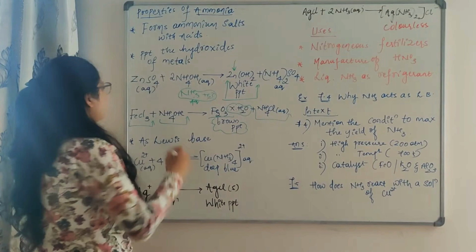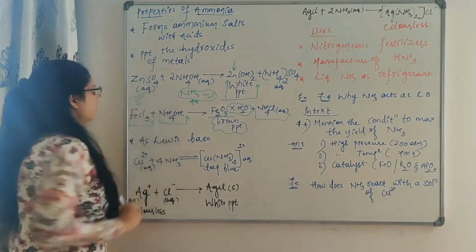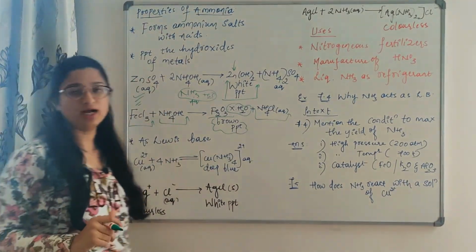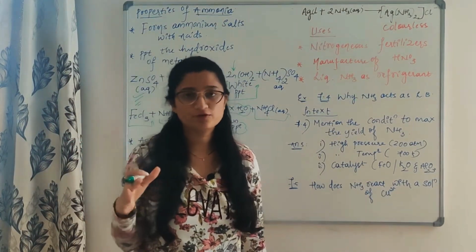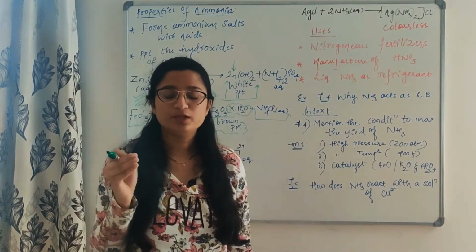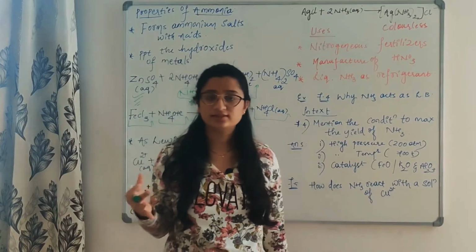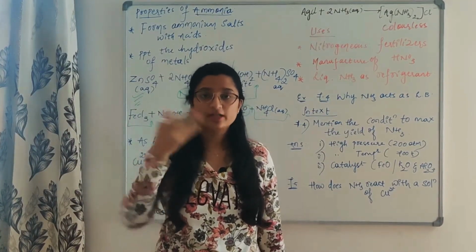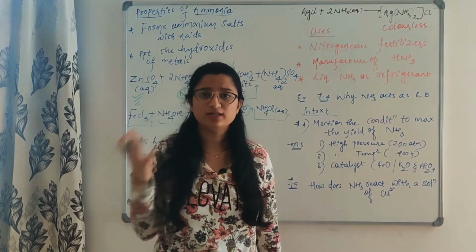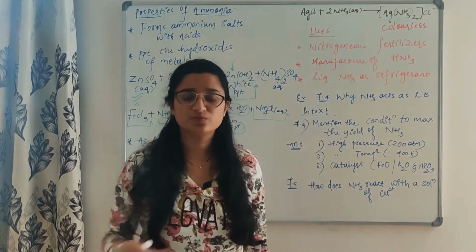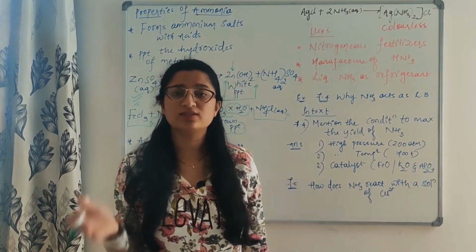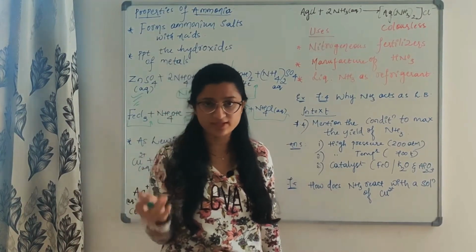Next, the next important property is, you know that in NH3, the nitrogen has a lone pair of electrons. It will give the lone pair of electrons to other species. So it acts as what? A Lewis base. Any species which can donate its lone pair of electrons is called a Lewis base.